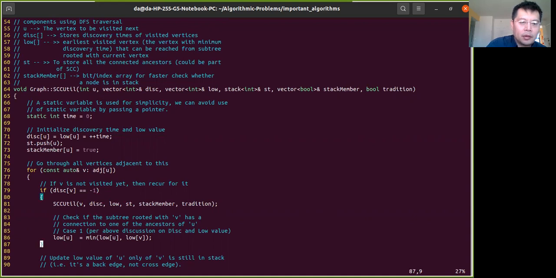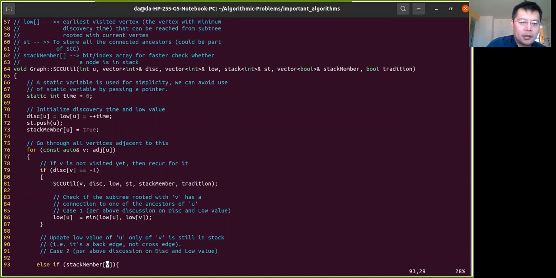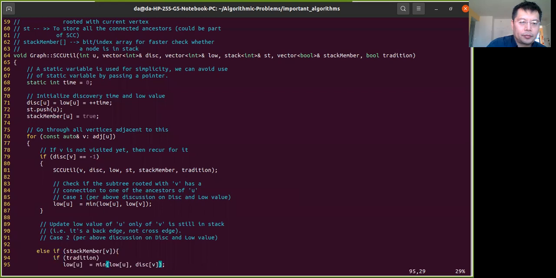So where is the DFS? Here is the DFS. You see this loop. Basically, we look at the adjacent vertices of vertex U. If V is not discovered, we call the function itself.